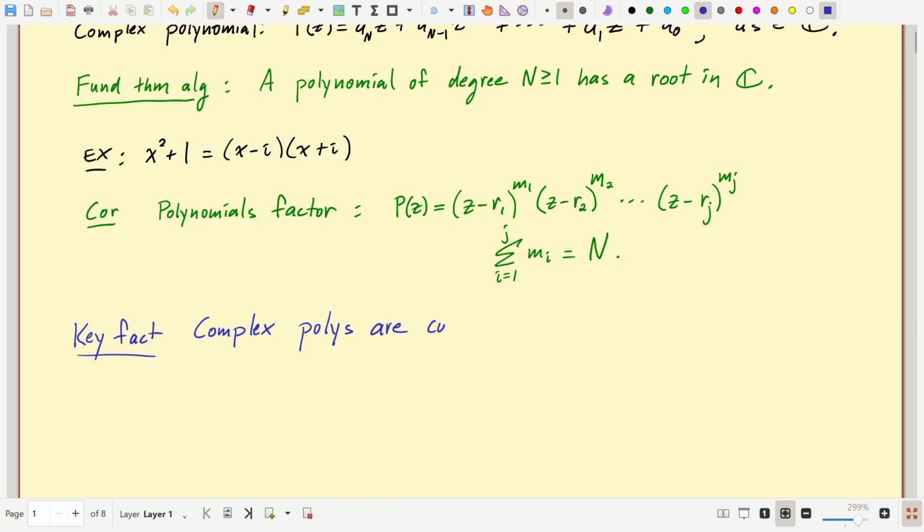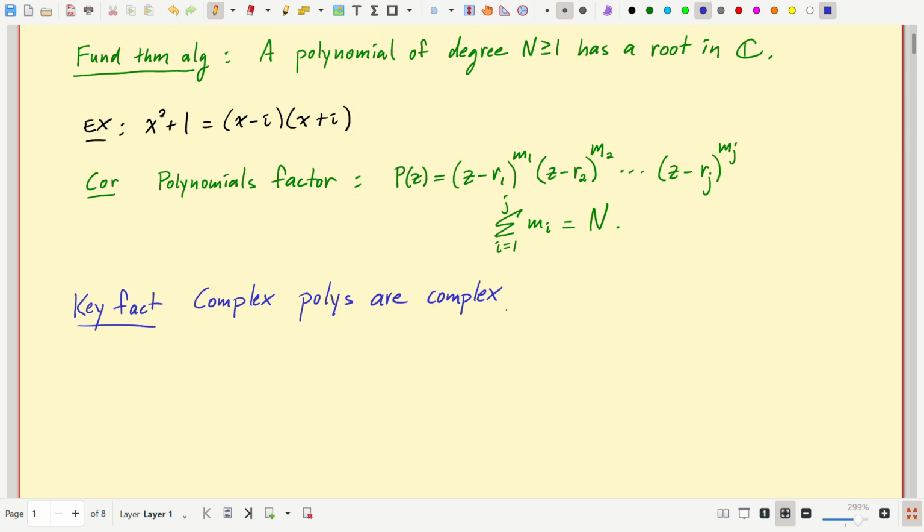And complex differentiable functions are really interesting and come up everywhere in science and math. They're called analytic functions. If they're complex differentiable on an open set, they're called analytic.